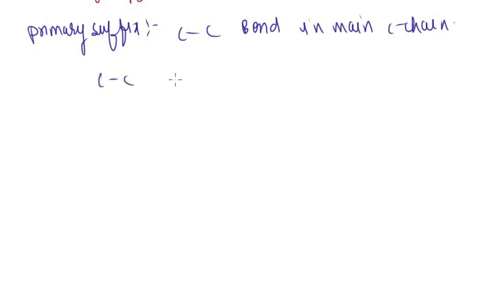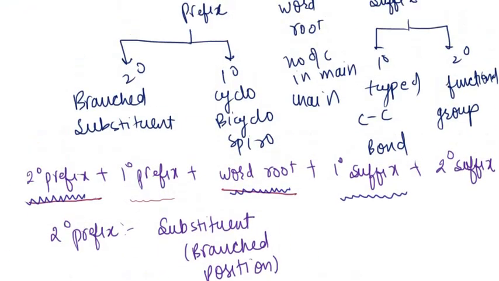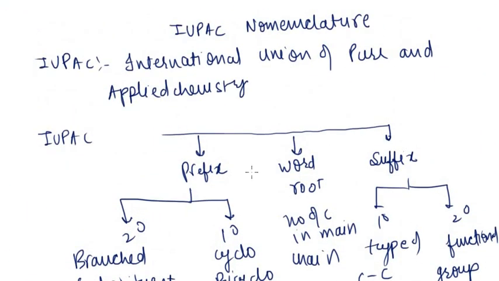Like if it is C single bond C, it is ane; C double bond C, ene; C triple bond C, yne. So that's how we see the structure, the common structure from which we derive the IUPAC name. Next we are going to see the rules to name the compound.